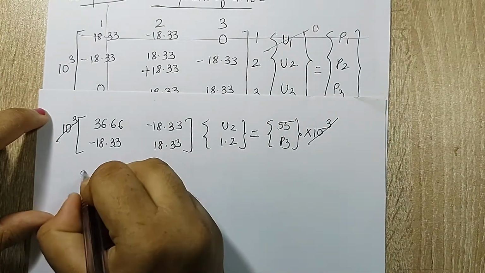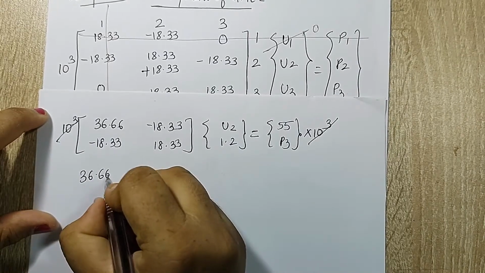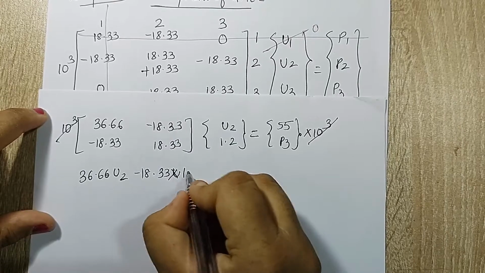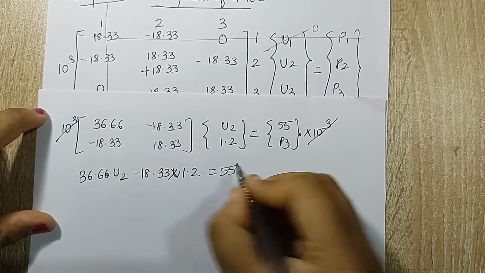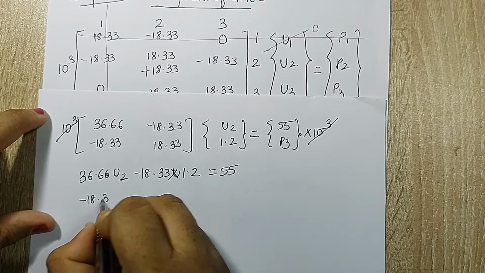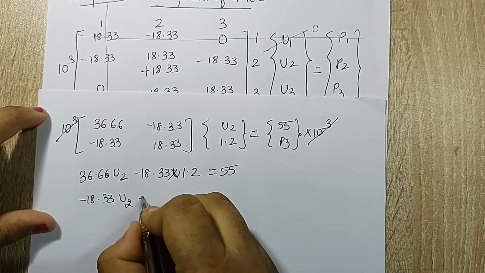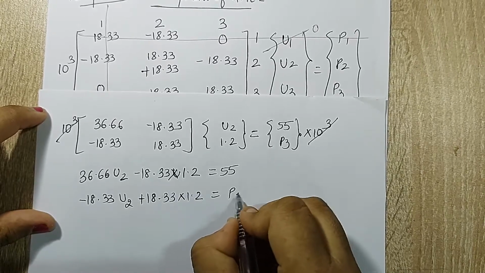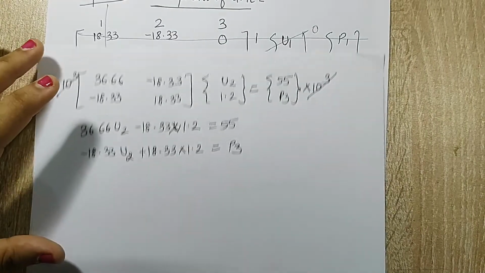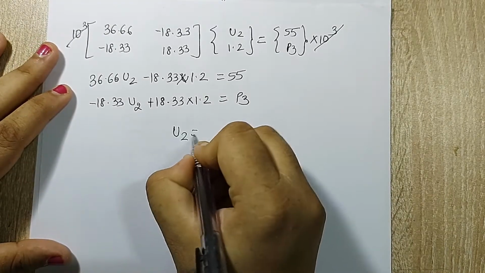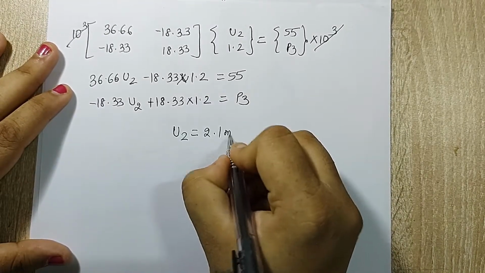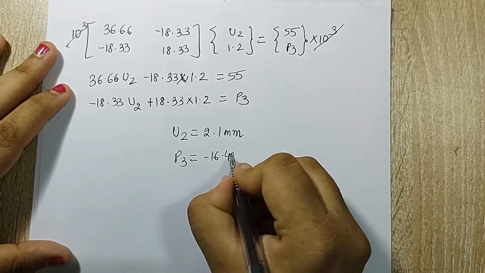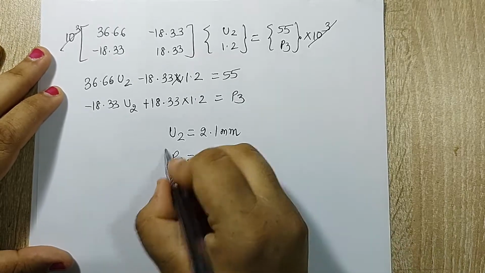I'll write the equation now. When I solve these two equations, I'll get the value of U2 as 2.1 mm and P3 as minus 16.49 kilonewton.